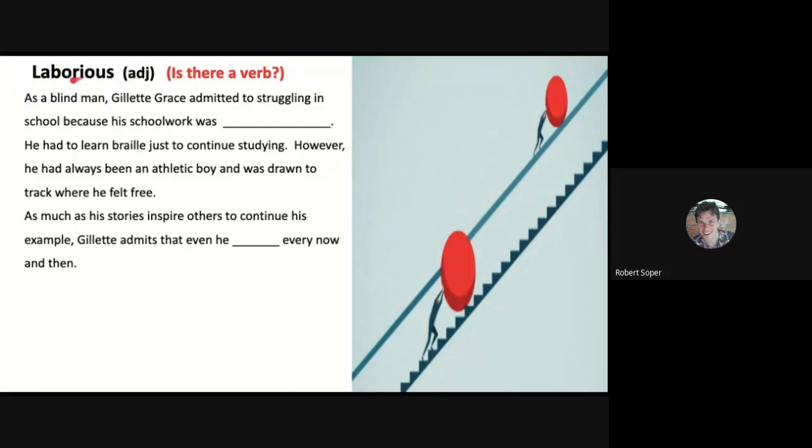The verb is labor, to labor. So he labored for long hours. And the noun is also labor. So the labor was very difficult. Labor in that context means work. The labor was very difficult.